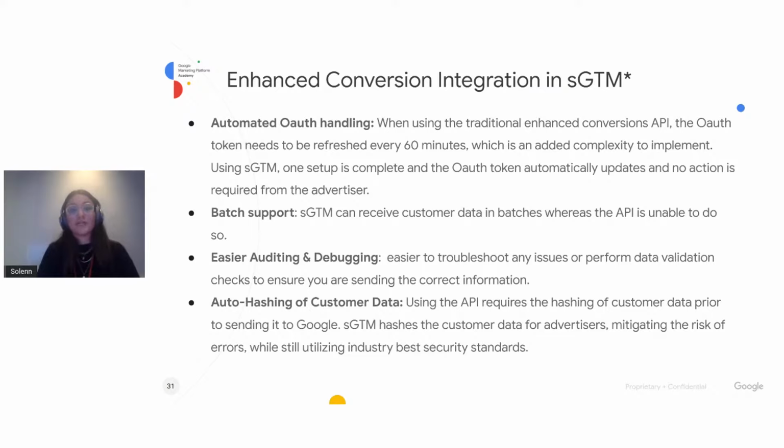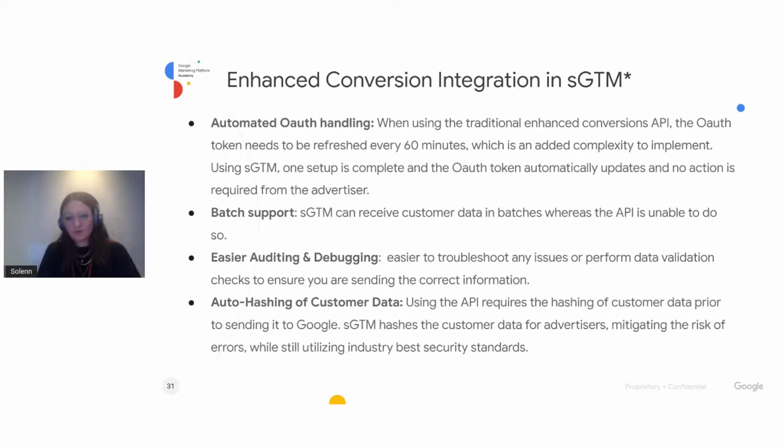That's something that will be handled directly within server-side GTM. We will also now have batch support within server-side GTM, so you can batch the events together and the tag will send the information by itself. That's quite a cool feature. And then easier audit and debugging for the validation of your enhanced conversion implementation.